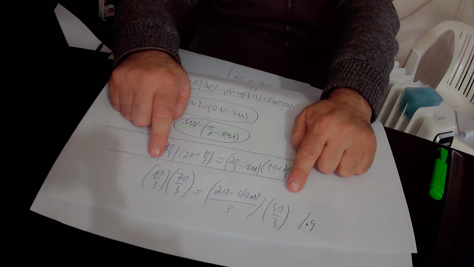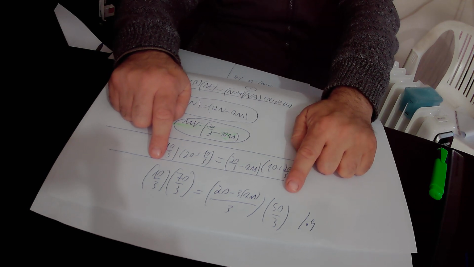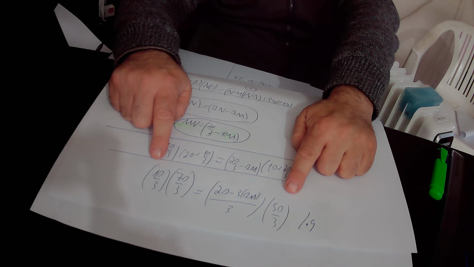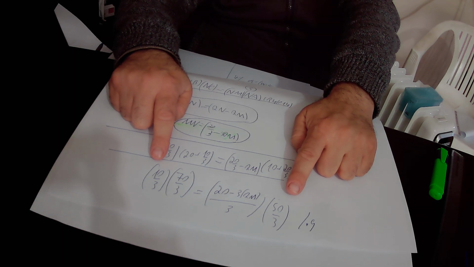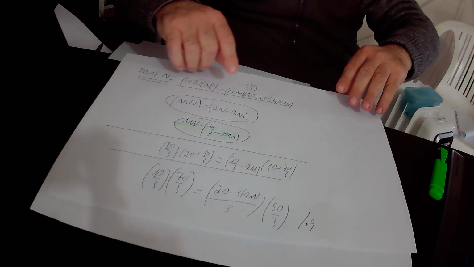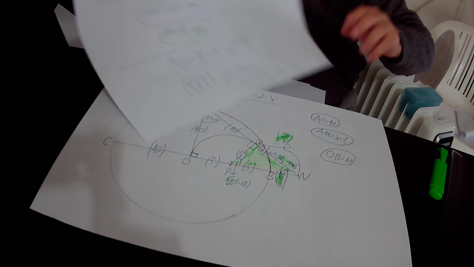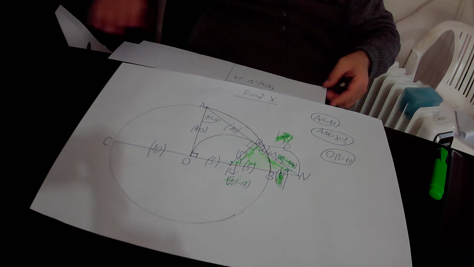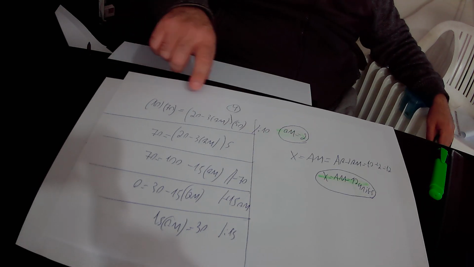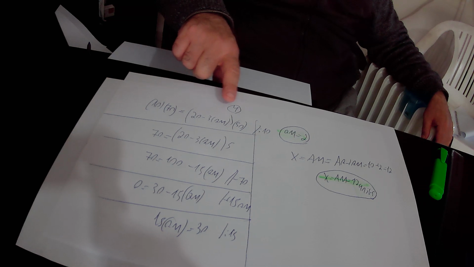So on both sides of the equation, we have 3 times 3 in the denominator. 3 times 3 is 9. Therefore, we multiplied this equation by 9 in order to eliminate the denominator 9. After we eliminated the denominator 9, we are left only with 10 times 70 equals 20 minus 3 QM times 50.